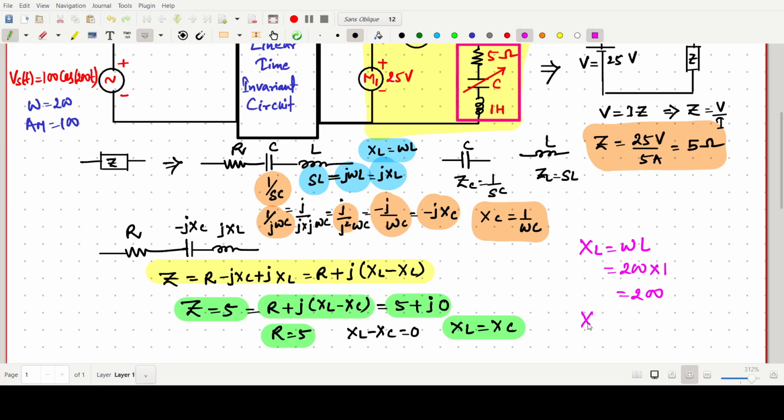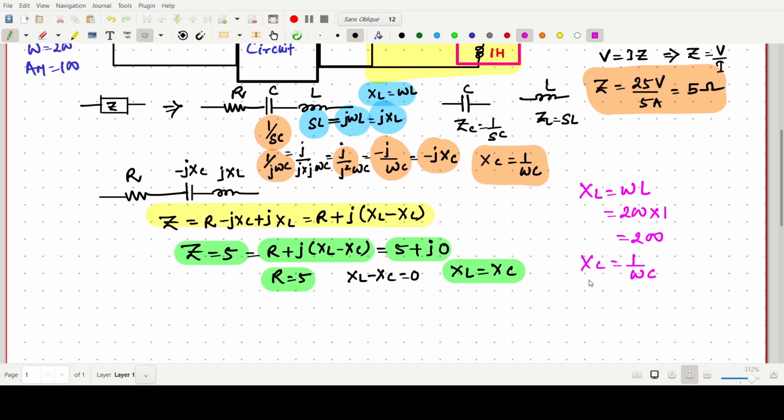Now XC we know, XC equals to 1 by omega C. Is it okay? So now XC is known to us. Okay, XL equals to XC. So XC is nothing but simply 200 because XL equals to XC.